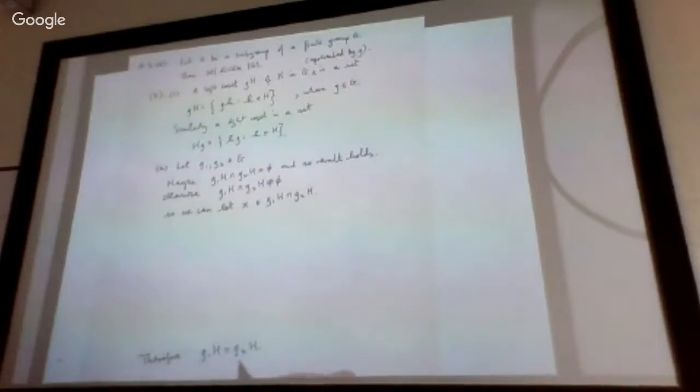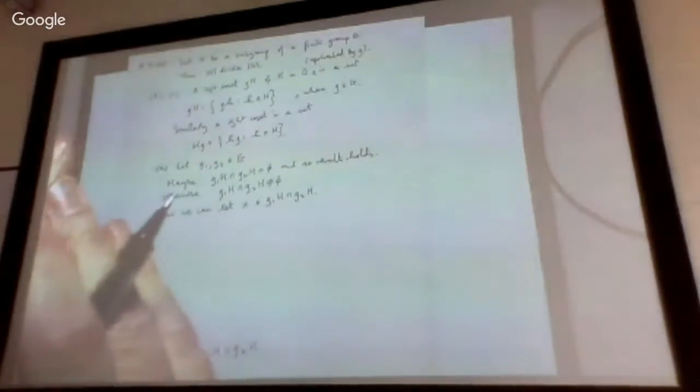So how do we normally show that one set is equal to another? Well, we take the first one and show it must be a subset of the second one, and vice versa. Take the second one, show it must be a subset of the first.